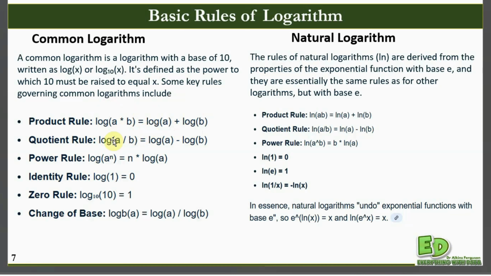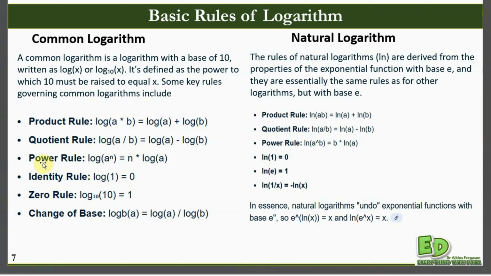The quotient rule is when you have log of a divided by b. The terms that are dividing, a over b, become minus outside. So log(a over b) is equal to log a minus log b.